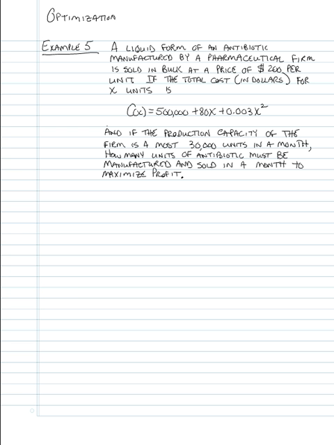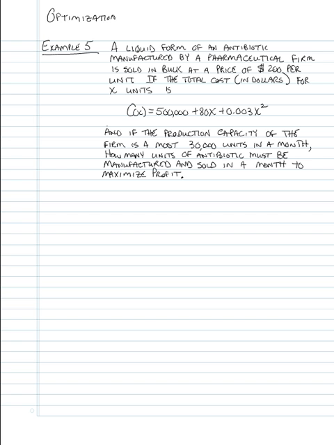Okay, example 5 of our optimization problems is stated here. A liquid form of an antibiotic manufactured by a pharmaceutical firm is sold in bulk at a price of $200 per unit.